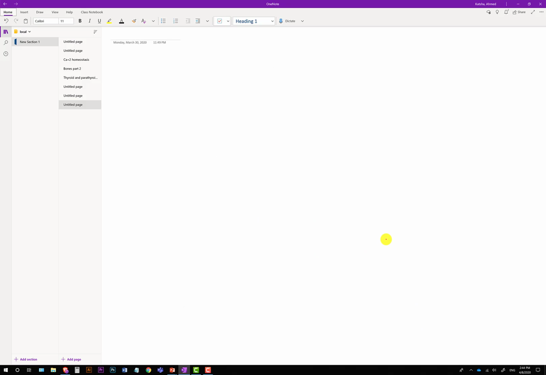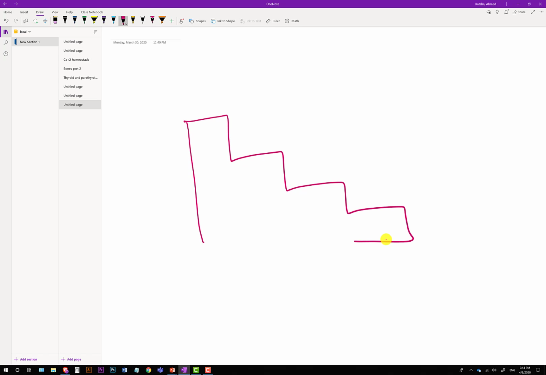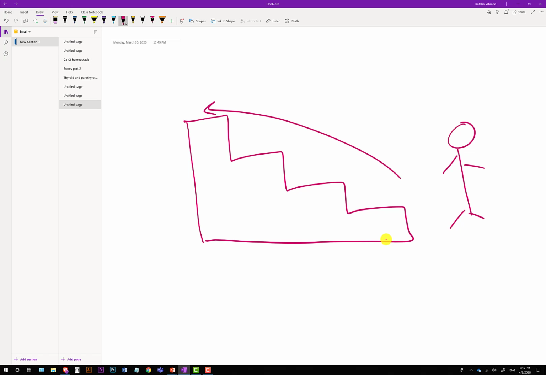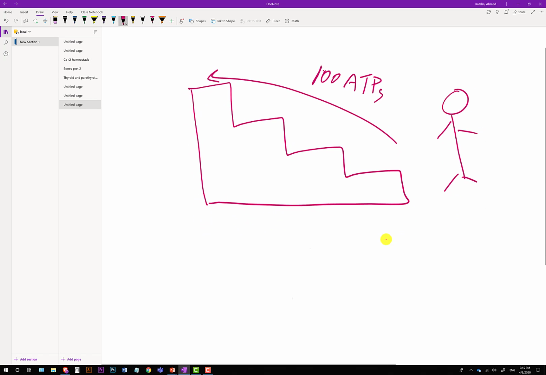Think of this: if you have a stair, and you are in a normal situation, you are standing here, and you want to go to here. Say for example, you are going to consume in this trip 100 ATPs, assuming. So this is a normal situation.